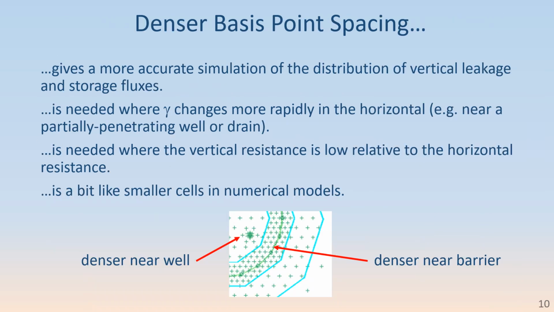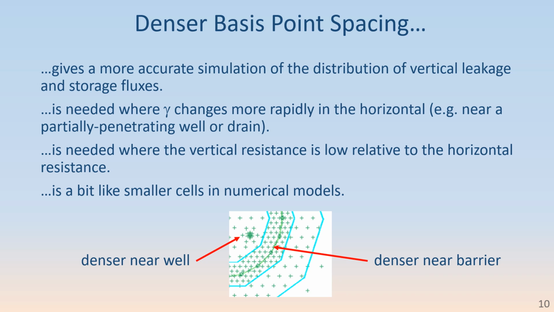Since the simulated extraction in Anaqsim is perfect at a basis point, and approximate in between, it follows that denser basis point spacing will give you a more accurate simulation of the distribution of those distributed sources and sinks. And you need more densely placed basis points when you have rapid changes in extraction in the horizontal direction.